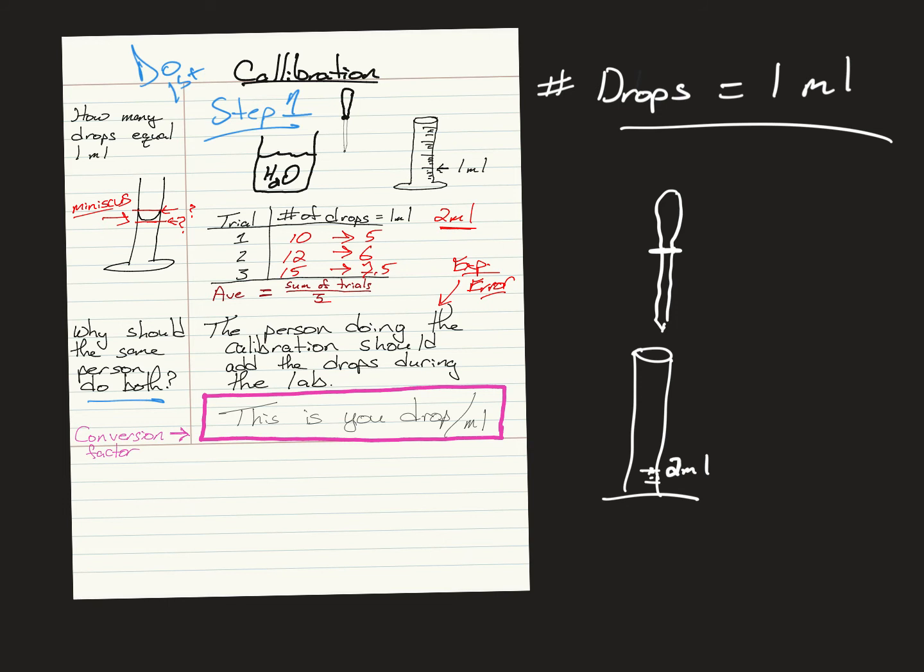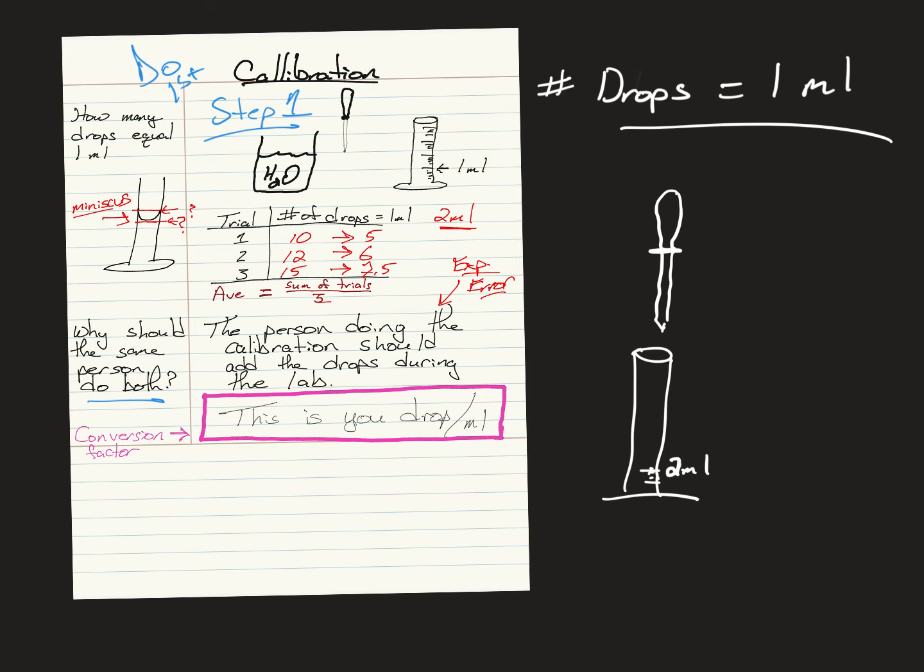Why don't we go ahead and answer this question. Why should the same person who's doing the water drops be the person who's doing the drops of base into the acid? They remember what they did, right? And why is that important?